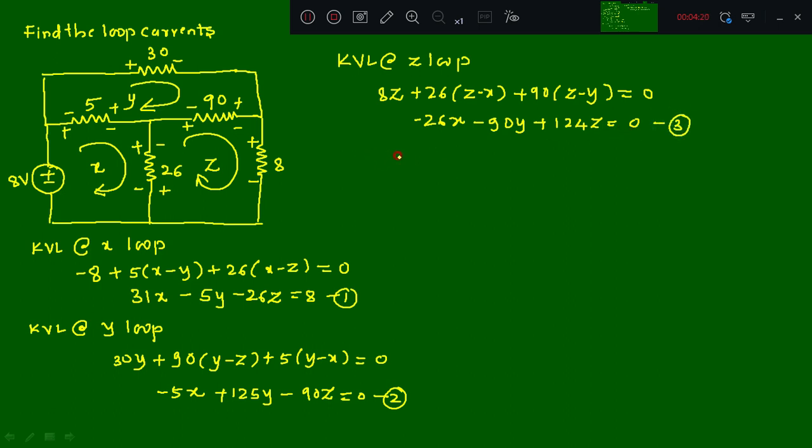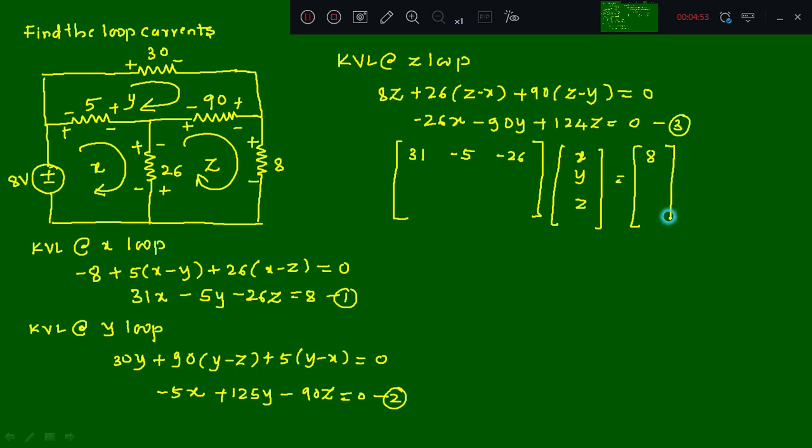Upon simplifying this, by using Cramer's rule or a direct calculation method on the calculator, we can get the values. We can write it directly in the form of a matrix, that is, the coefficients of X, Y, Z. It's 31, minus 5, minus 26 from the first equation. The constant is 8 here, right?